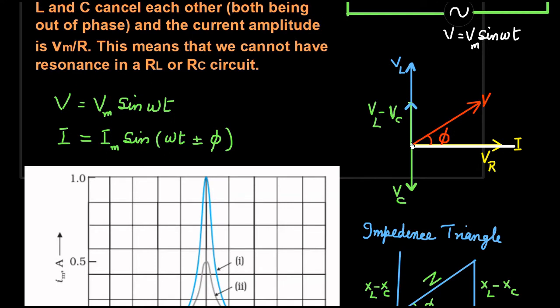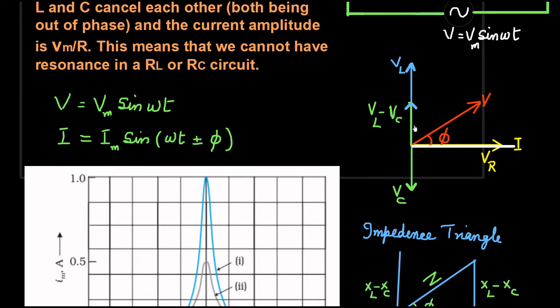Look at the phasor diagram. What is a phasor? Phasor is a rotating vector. Current is represented by phasor I. Voltage across resistor is represented by VR. We know voltage and current are in phase when AC passes through a resistor.